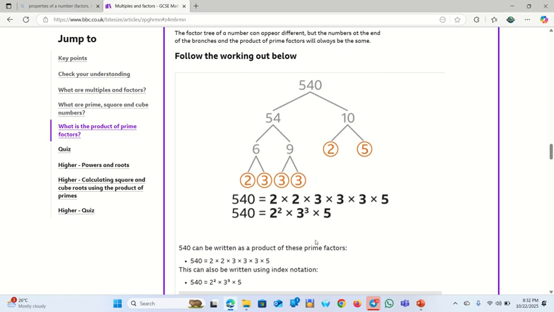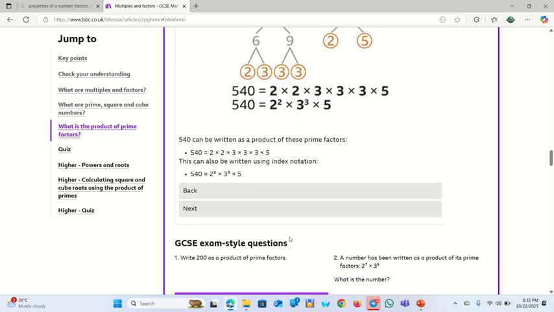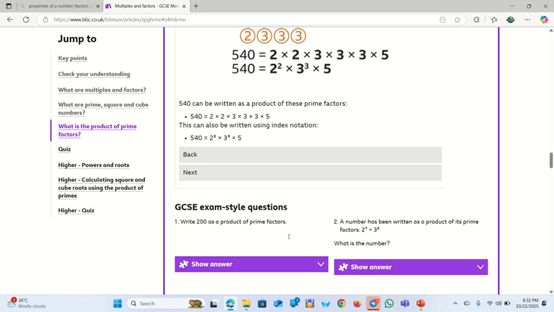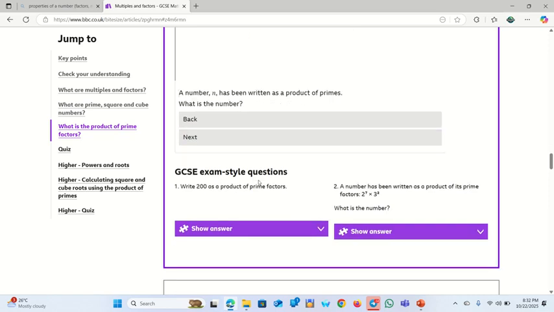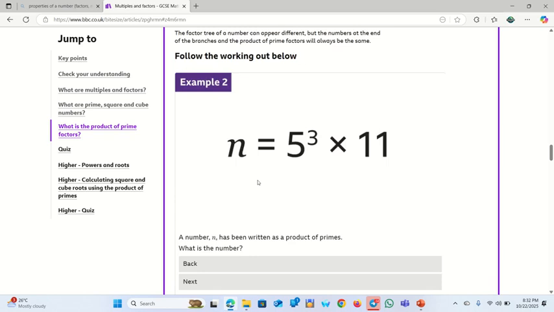Then we have 3 in how many places? 1, 2, and 3. These are the 3 of them here. We have 5 only in one place. So 2 squared multiplied by 3 cubed multiplied by 5 will give us 540. It's as simple as that.